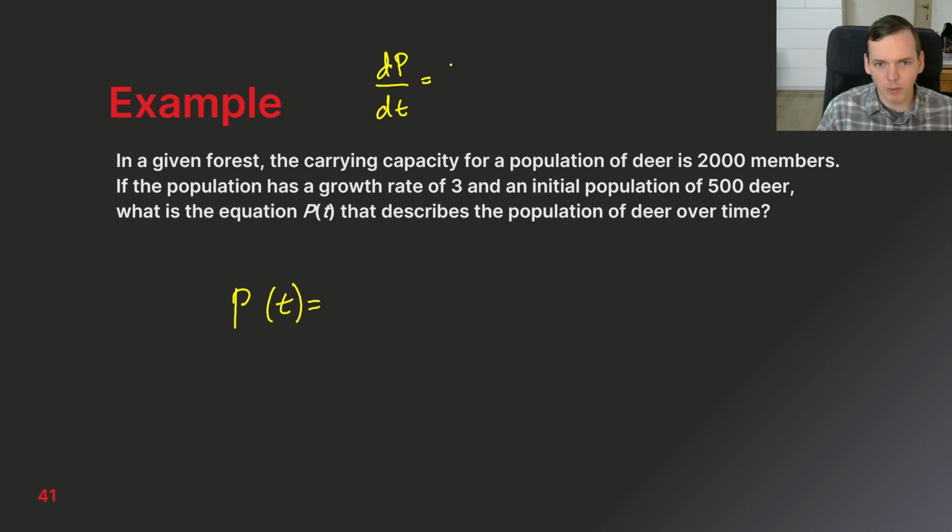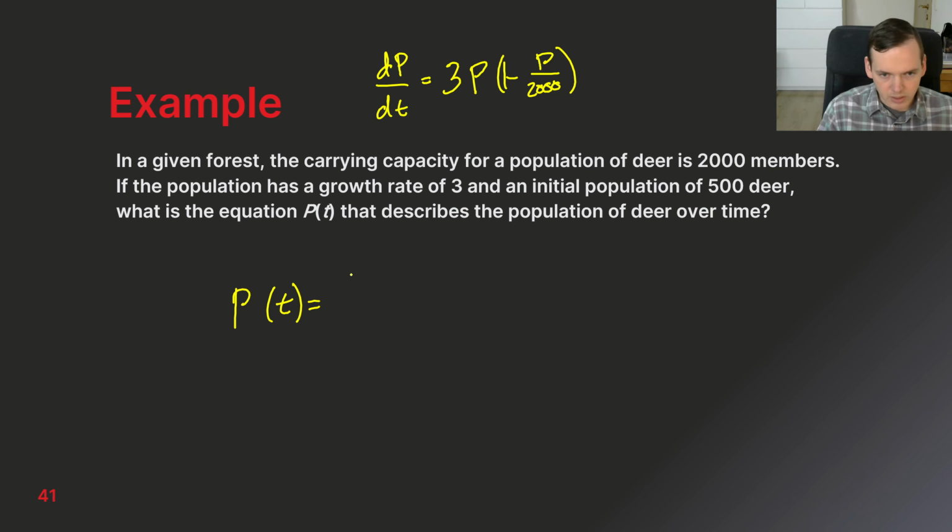So they said the growth rate was 3, so 3 times the population, and 1 minus the population divided by 2,000. So that's our differential equation.